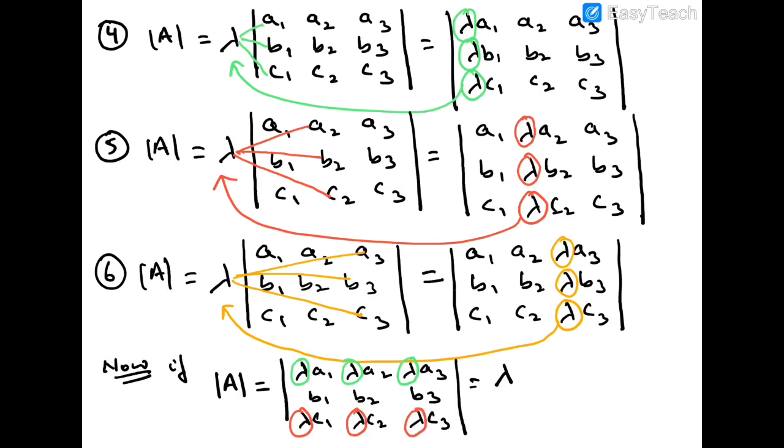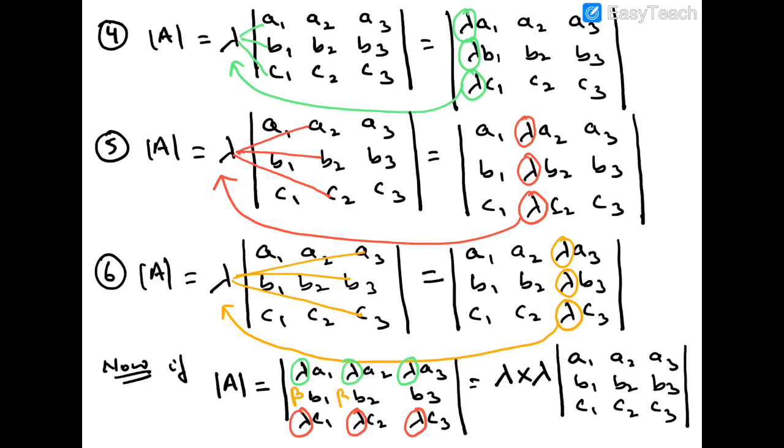So we will get lambda times lambda and then A1, A2, A3, B1, B2, B3, C1, C2, C3. Now if another scalar beta is a common factor for second row, then we can take it out. Then we will get lambda squared times beta, A1, A2, A3, B1, B2, B3, C1, C2, C3.